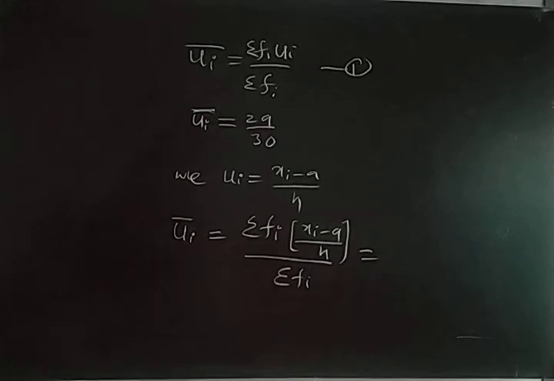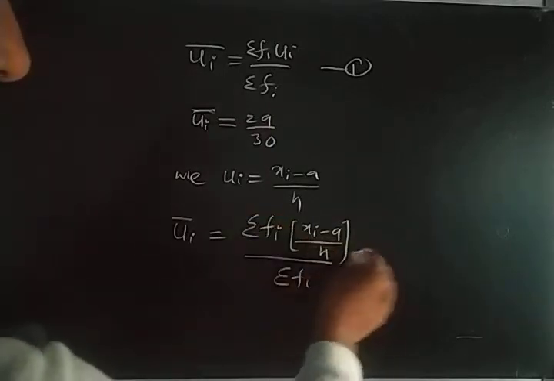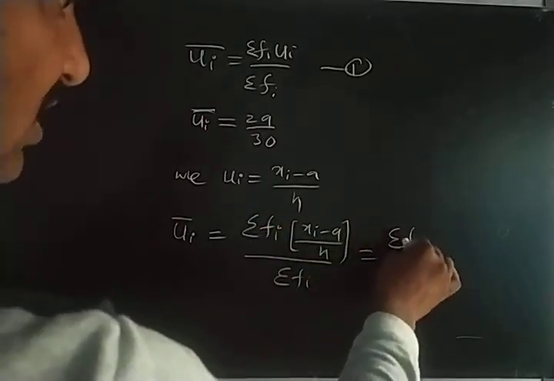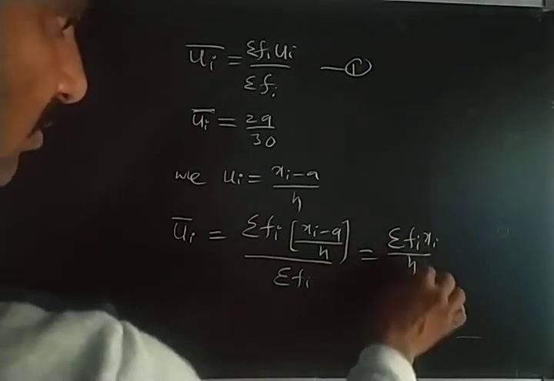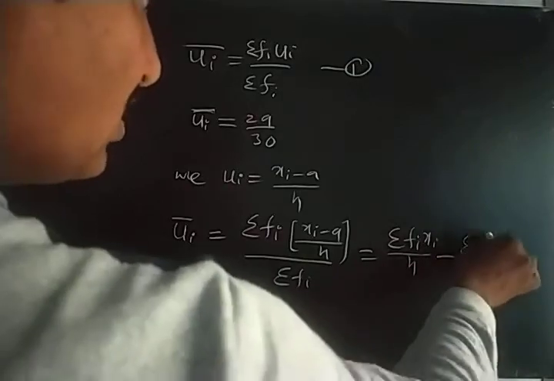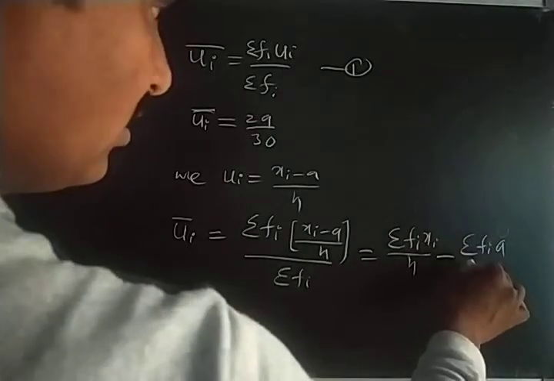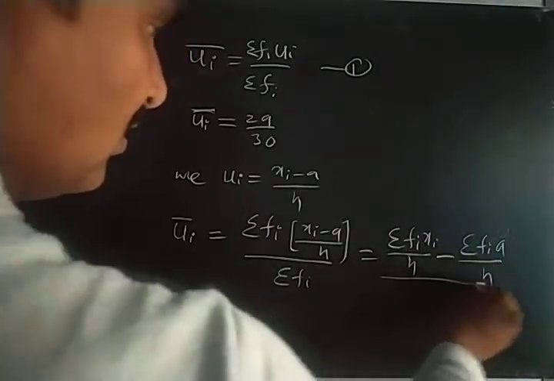Right? And deriving the formula to find the mean, by subtracting here you will get summation fi into xi by h minus summation fi into a by h, by summation fi.